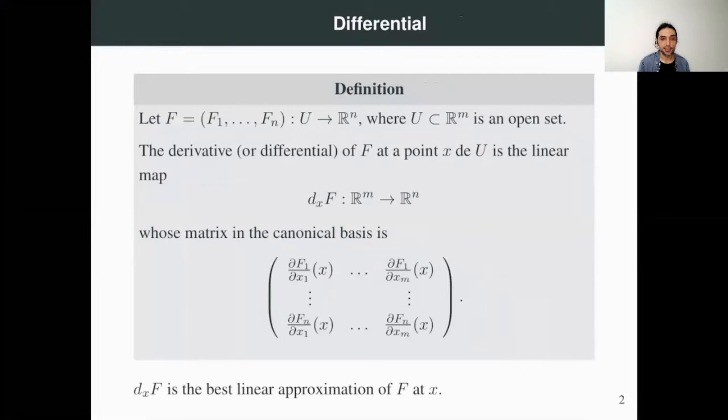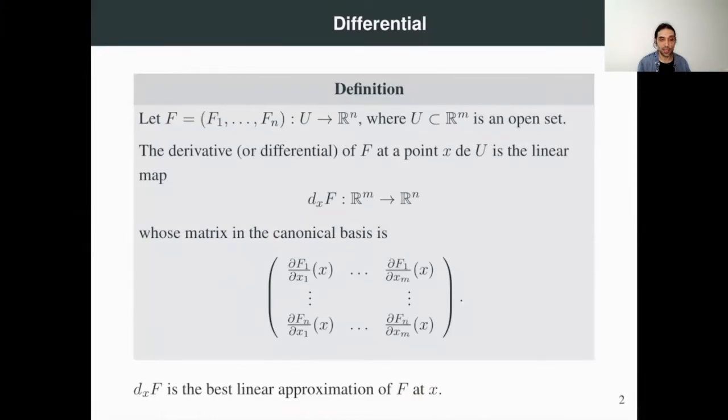The derivative or differential of f at a point x is the linear map that is the best linear approximation for f at the point x. And the matrix of such a map in the canonical basis of these two Euclidean spaces, R^m and R^n, is just the Jacobian matrix.